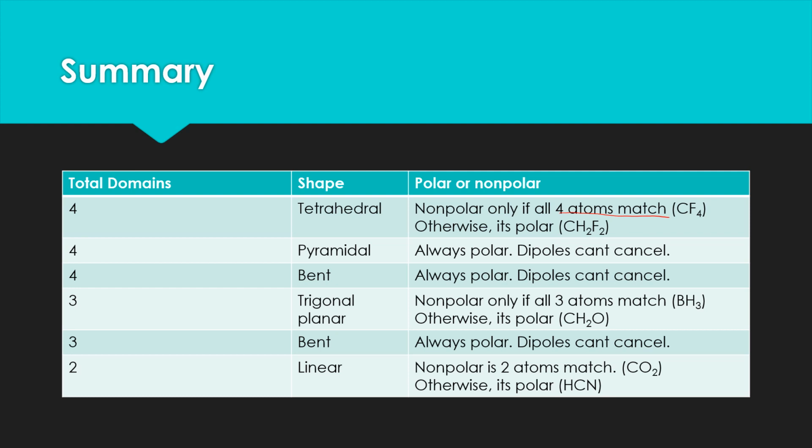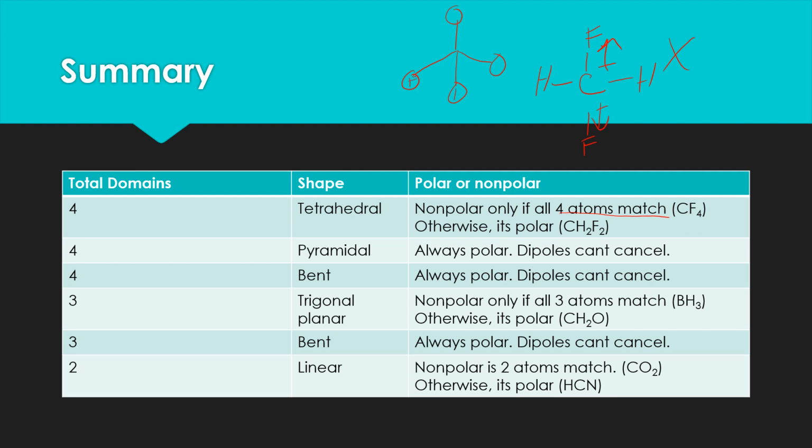So for instance, CH2F2. Even if I draw it like this, where it looks like, oh, my carbons and hydrogens are fine, I have my 2 polar bonds with fluorine, but they cancel. They do not cancel, okay? Remember, it is not drawn flat. We're looking at a 3D structure. So any 2 of those could be fluorine.